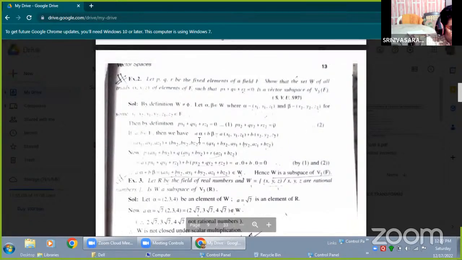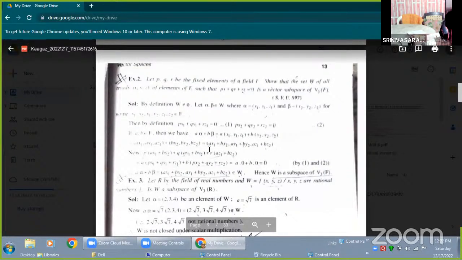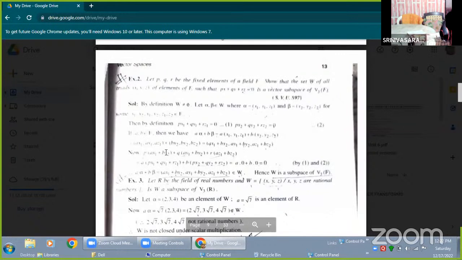Because a and b are field elements, the subspace condition is a alpha plus b beta. We are replacing here a alpha with x1, y1, z1, and beta with x2, y2, z2. We get the element ax1 plus bx2, ay1 plus by2, and az1 plus bz2. Okay, this is one part. In the same manner, this is x, this is y, this is z.